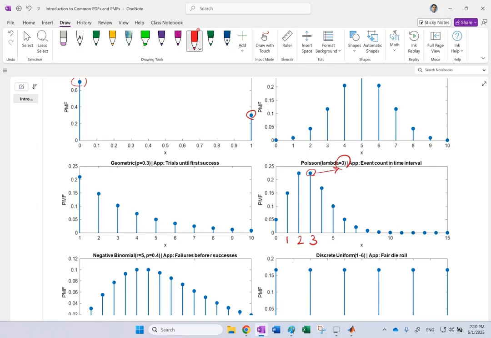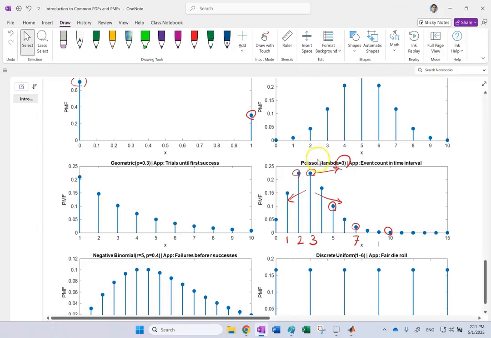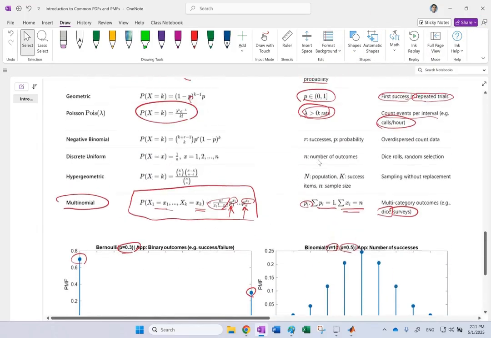The further away you move from this average, your chance drops big time. The chance that you get 7 calls on that day is way less than 2, because 2 and 3 are very close. But 5 is much less than 3, 7 is less, and 10 is almost close to 0. So stuff that is further away from the average rate does not happen with too much chance.